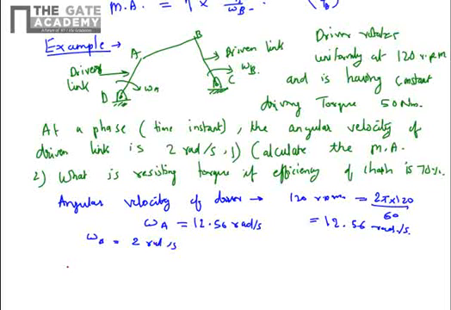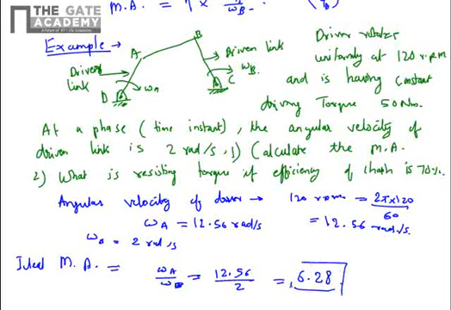By substituting in the equation of the ideal mechanical advantage, which is equal to omega A by omega B, input angular velocity by output angular velocity, that is 12.56 divided by 2, this comes to 6.28. So this is the value of ideal mechanical advantage.